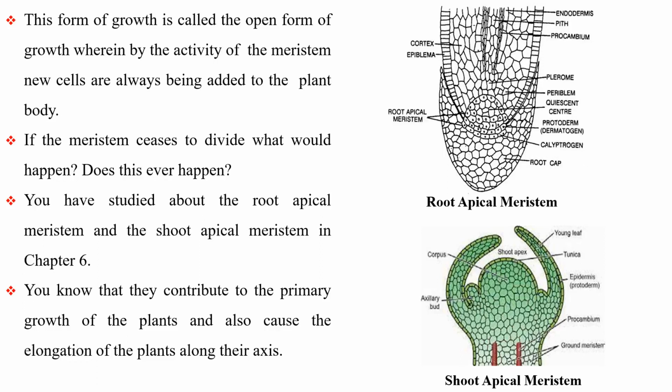If the meristem ceases to divide, what would happen? Does this ever happen? You have studied about the root apical meristem and the shoot apical meristem in Chapter 6. You know that they contribute to the primary growth of the plants and also cause the elongation of the plants along their axis.